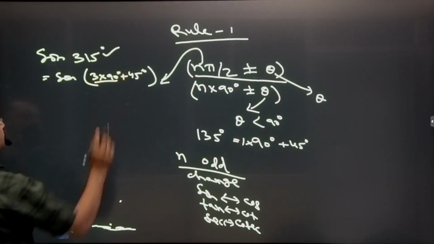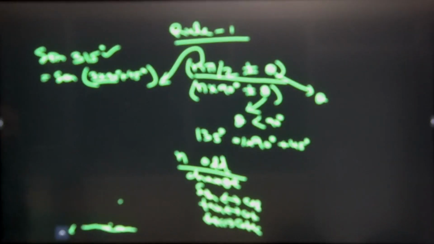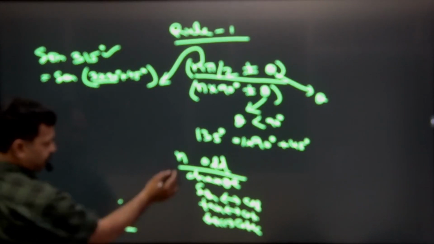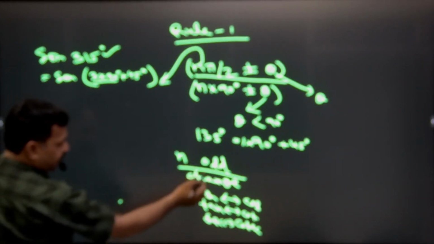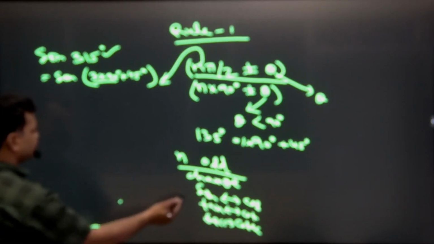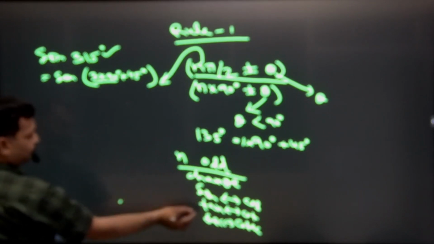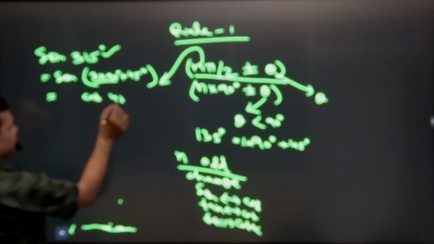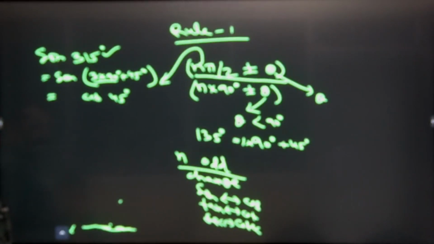So this becomes 315 degree. So in this case, this n is odd. So as per the rule, if n is odd, then the t ratios value will be changing. So from sine to cos. So this will be cos 45 degree. So this is your first rule.